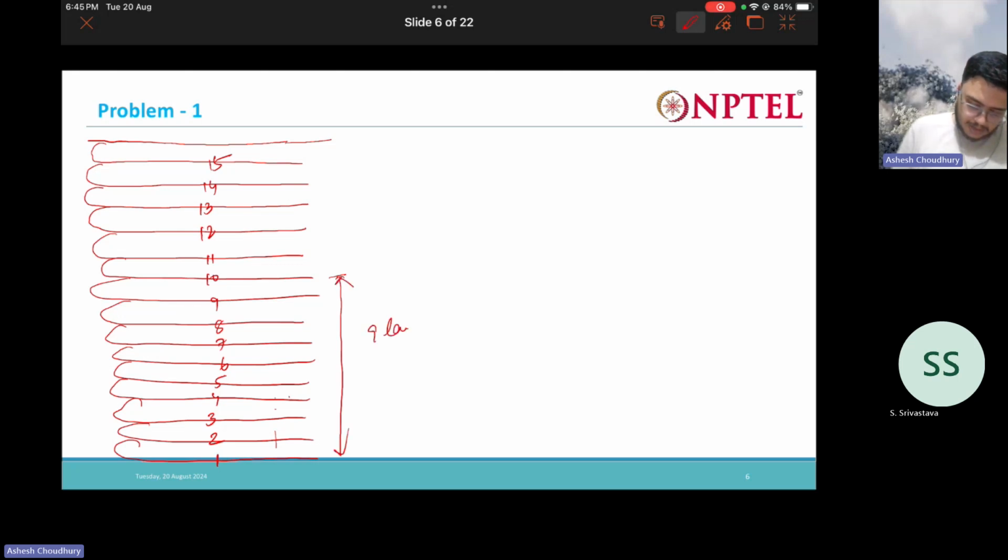9 layers at 300 mm spacing. What spacing? Obviously vertical spacing.